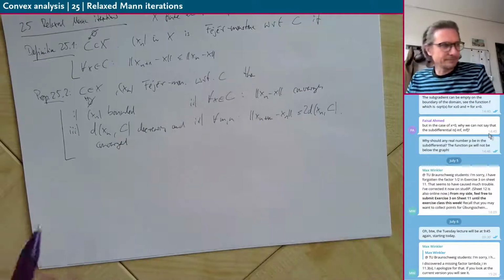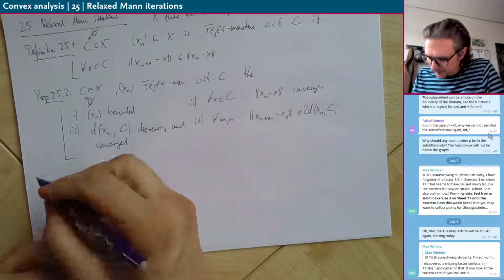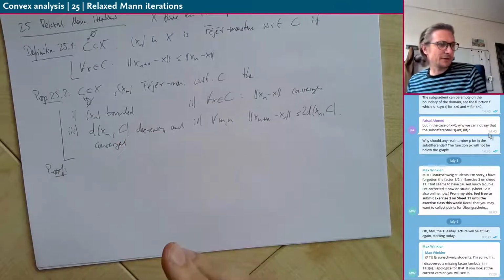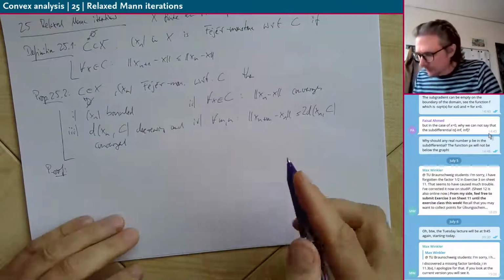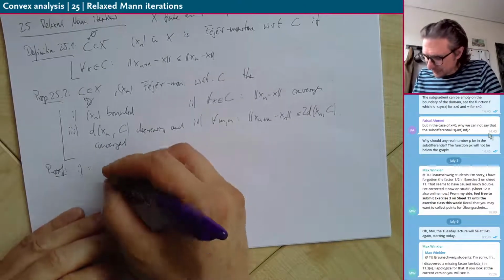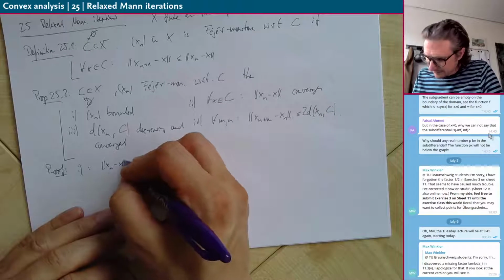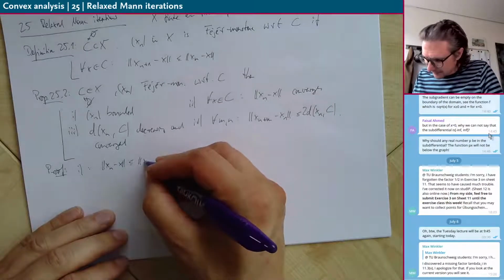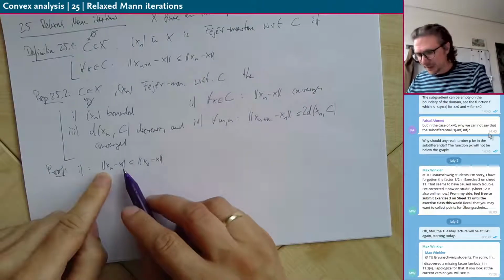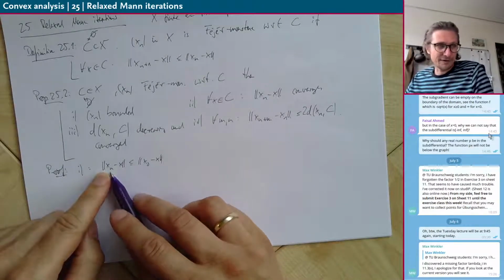Good. So let's prove these. This proposition is fairly straightforward. The first one is pretty clear because you have that ||x_n - x|| is smaller or equal to ||x_0 - x||. So the distances to x are all bounded, and this means that the x_n are bounded.